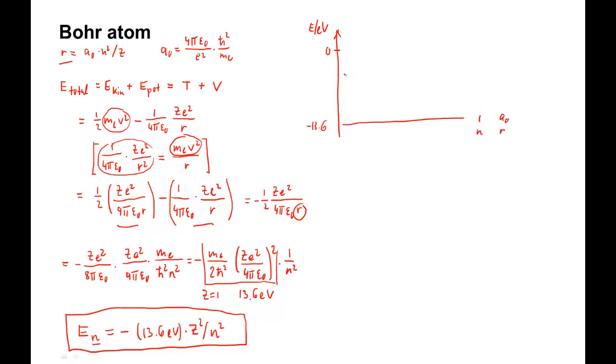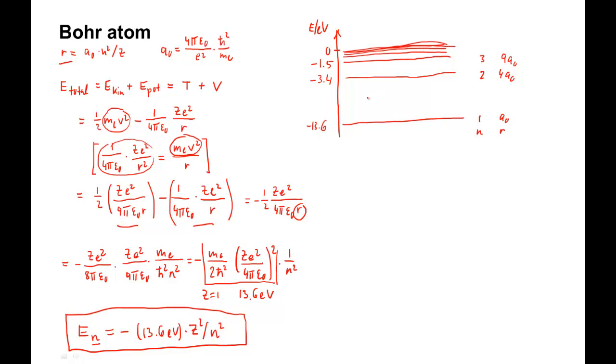The next higher level is n equals 2 and has a radius of 4A0 and an energy of negative 3.4 electron volts. One level up with n equals 3 and a radius of 9A0 has an energy of minus 1.5. This continues with ever closer energy spacings between the different states until they converge to 0.